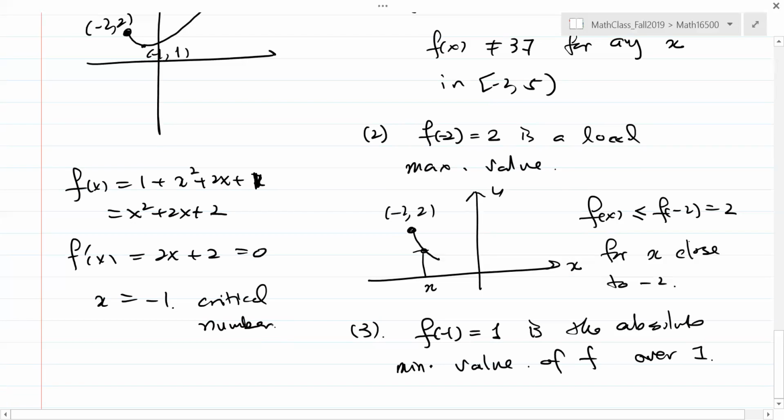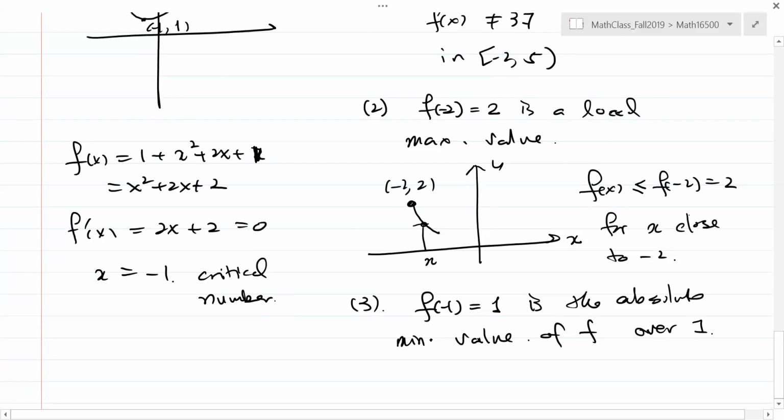The function has a local minimum value at that point. But this is not an equivalence. If c is a critical number, it does not mean the function has an absolute maximum value or a local minimum value or local maximum value. It's not necessary.